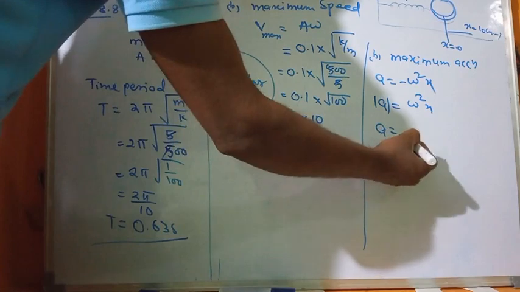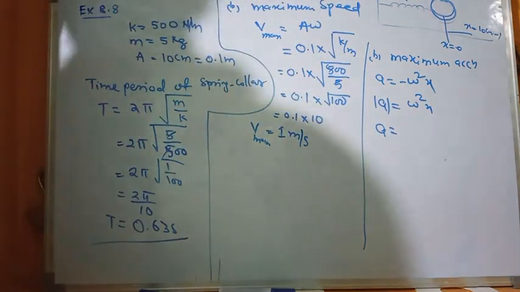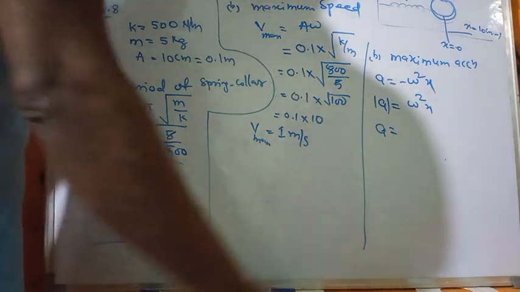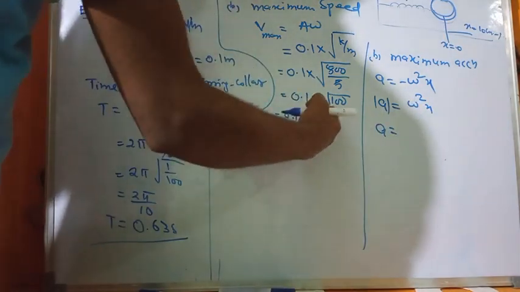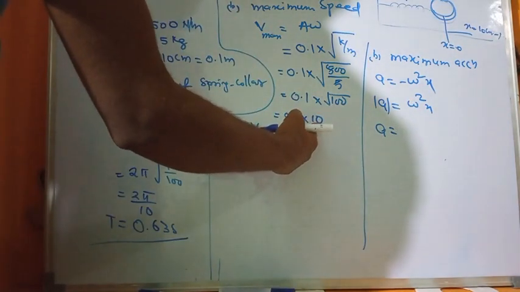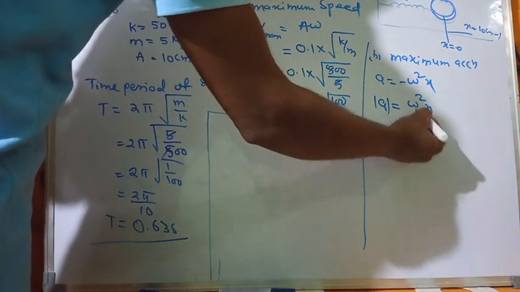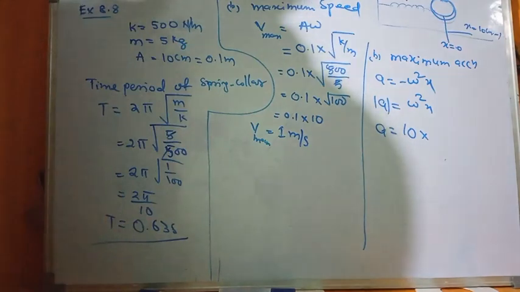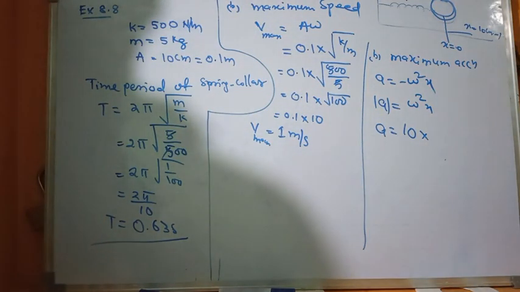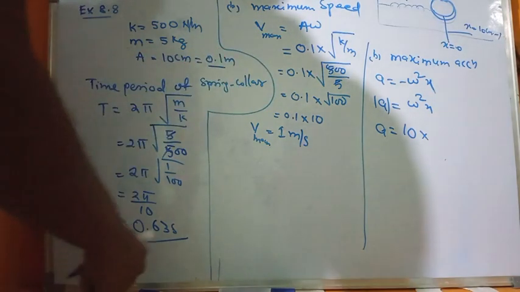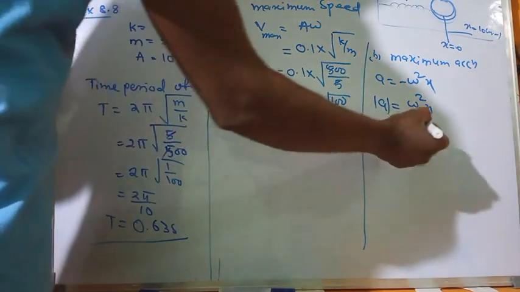Omega we already found out, that is 10, so I'm writing directly 10, or you can use the formula. X is equal to 0.1, because we are displaced up to here.